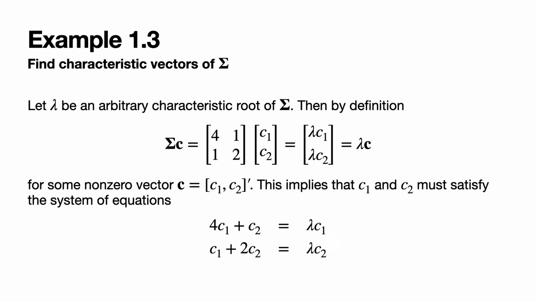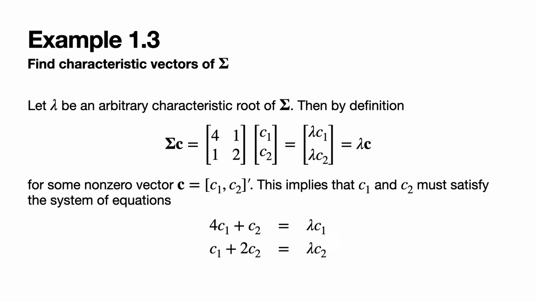All right, next we're going to find the characteristic vectors of cap sigma. And so to do this, let lambda be an arbitrary characteristic root of cap sigma. Then, by definition, the following equation has to hold.